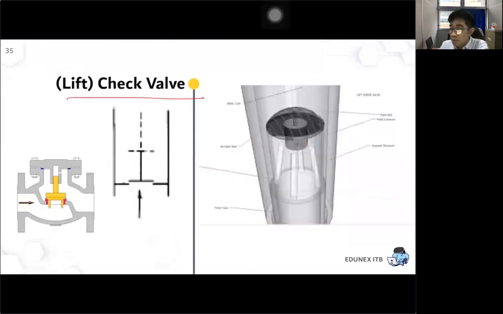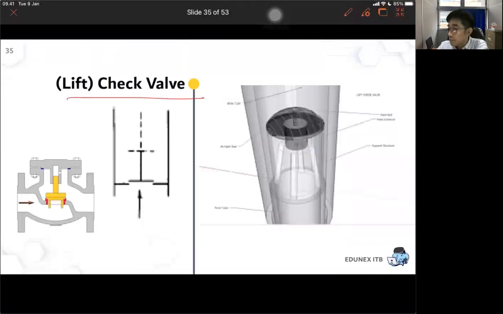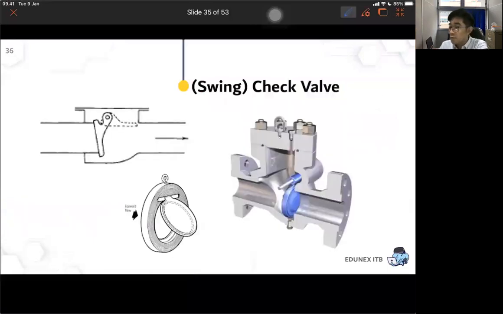For example, this valve is designed to let liquid flow from this direction to this direction. So when liquid is flowing this way, it will move the check valve. The flow can cause the valve to move upward, so the liquid can move to the right side. Same for this one.